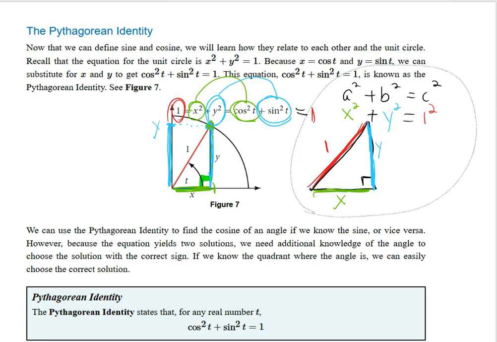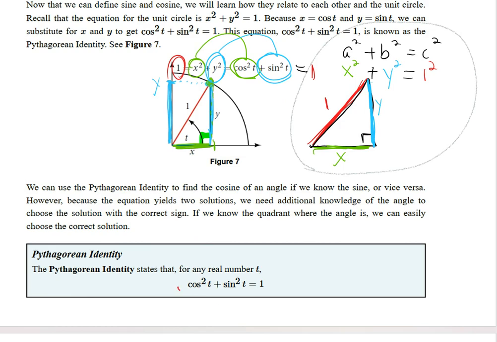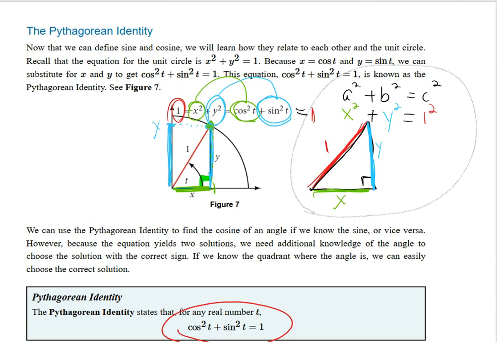And that's where they come up with the Pythagorean identity: cos squared of the angle plus sine squared of the angle equals 1, which is a unit circle. That's how they're trying to show that. I don't know if I conveyed that very well or not, but I tried.